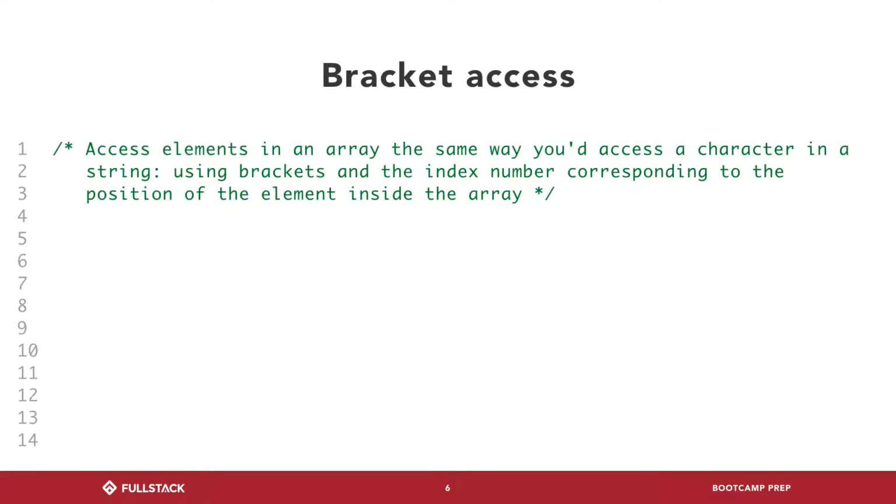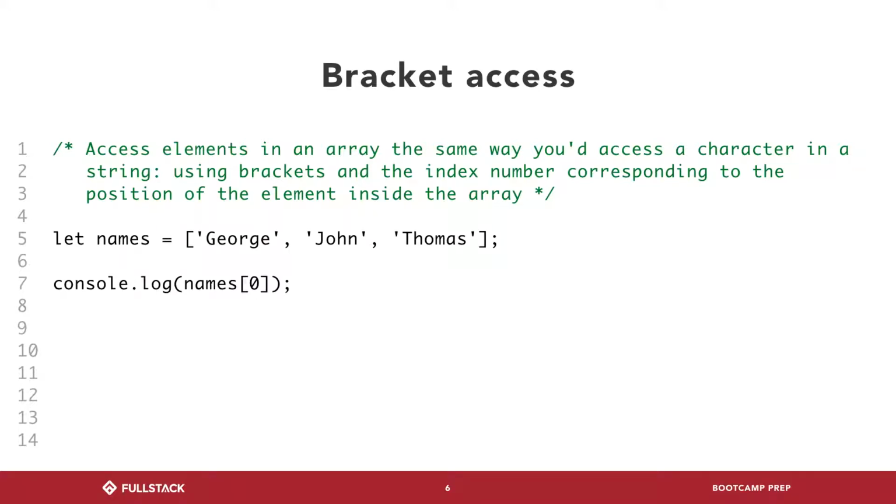Okay. Bracket access. Also something else that we've touched upon a bit this morning when we talk about how we iterate through an individual word in a list of words. So within an array, we also use these brackets to access the individual elements in an array. The brackets take in a number, which usually denotes the index.